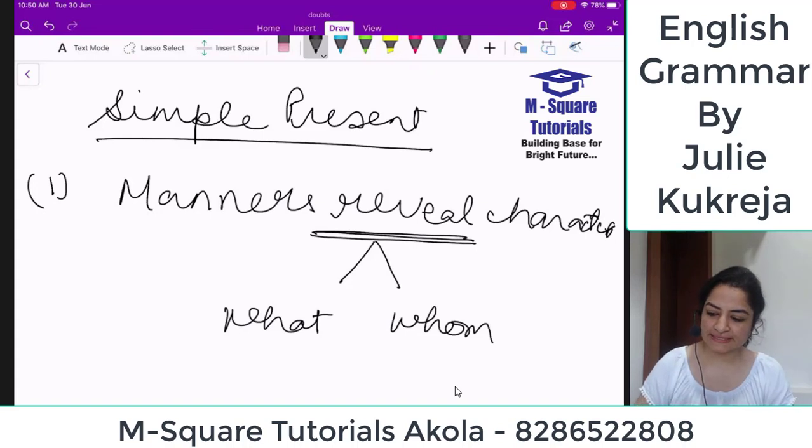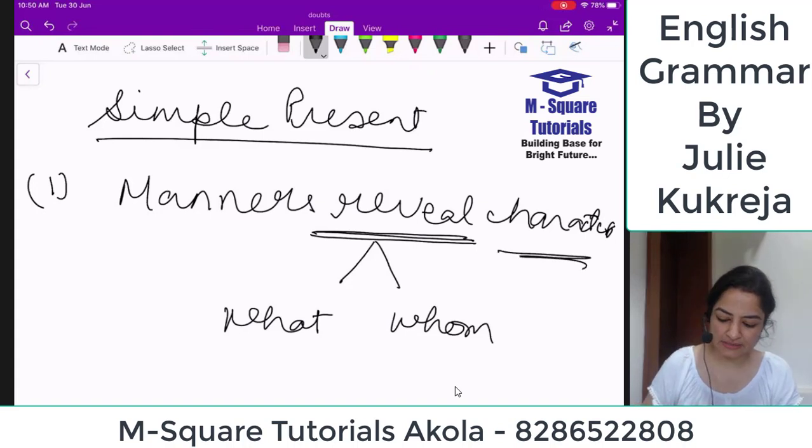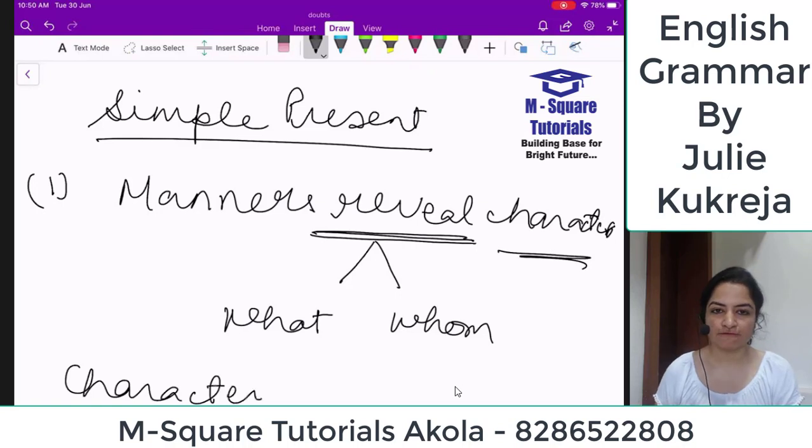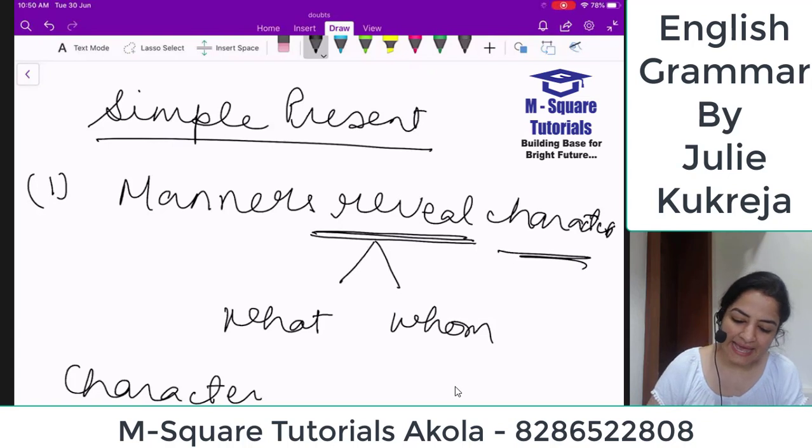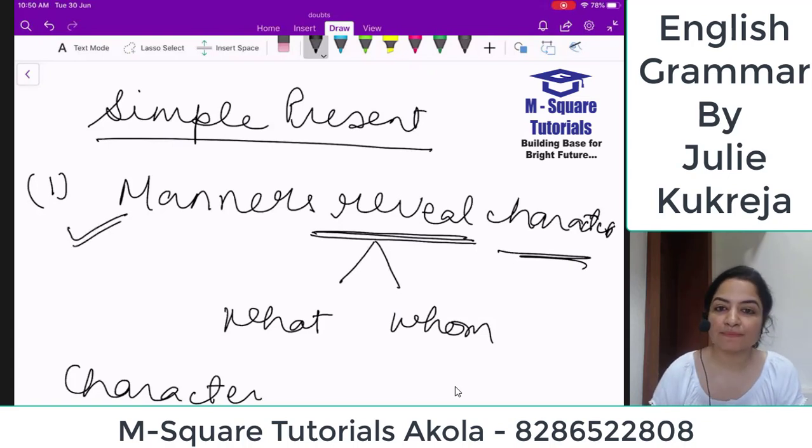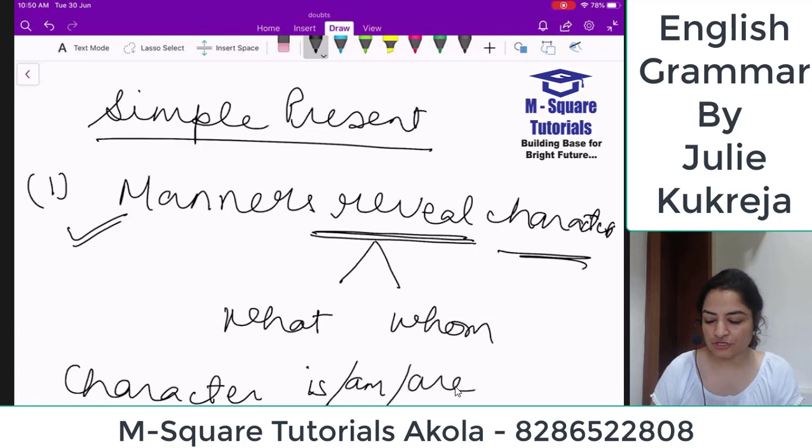Reveal what? The answer is character. So you have to bring that character in front. That means you have to make it as a subject. And as this sentence is simple present tense, you have to apply either is, am or are. So character is singular, so you have to apply is to it.